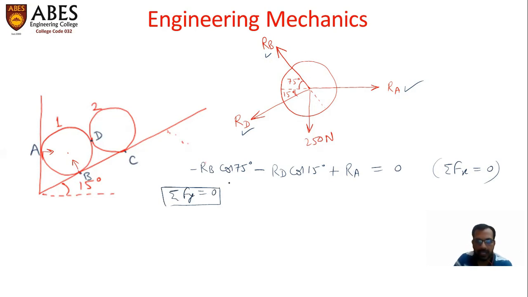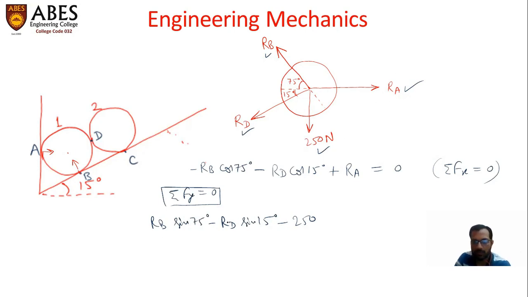RB sine 75 degrees acting in vertically upward direction, therefore positive, minus RD sine 15 degree acting in vertically downward direction, therefore negative, minus 250 because it's pure vertical force acting downwards, and we will not consider RA because it's purely horizontal.